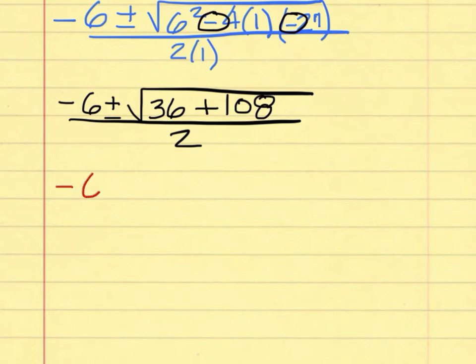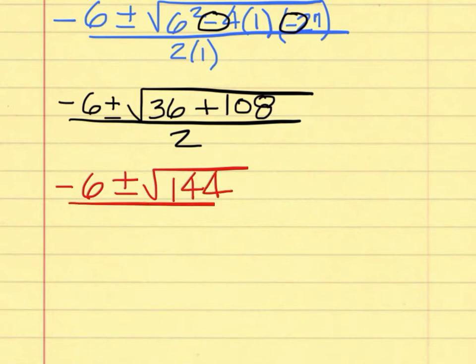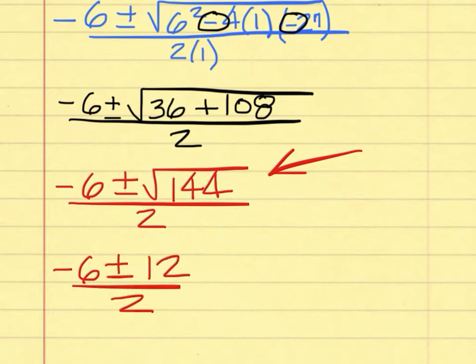So simplify some more. -6 plus or minus the square root of 144 over 2. And if you have a perfect square, then you can simplify it like this: -6 plus or minus 12 over 2. Square root of 144 is 12.